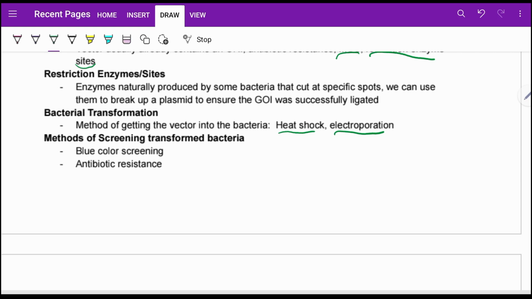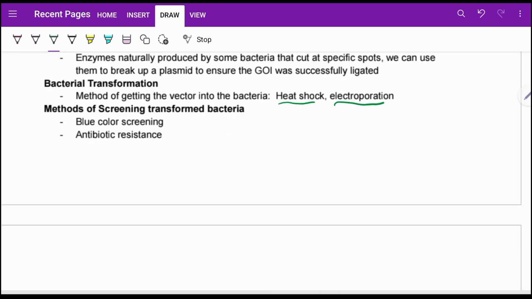Or we could have antibiotic resistance. So when we grow the bacteria on a plate with antibiotics on it, the bacteria that survive, we know have been transformed successfully because they have that gene that was on the plasmid, and the bacteria that weren't transformed successfully are killed. So that's a really good and easy way of making sure that we only have the correct bacteria.